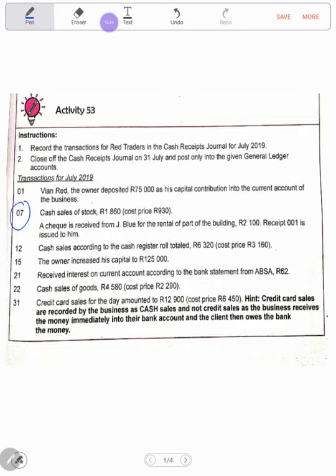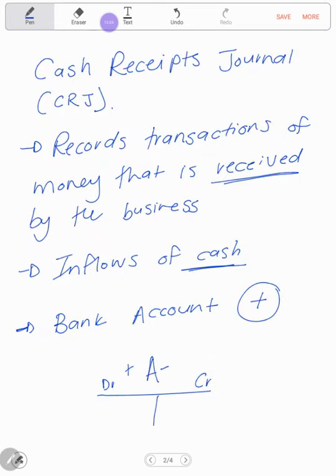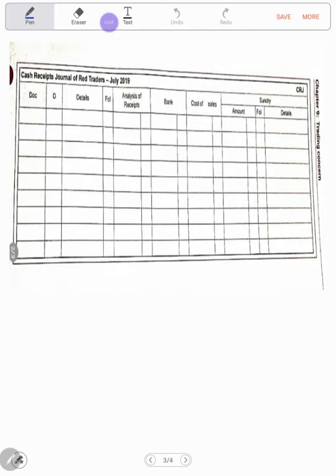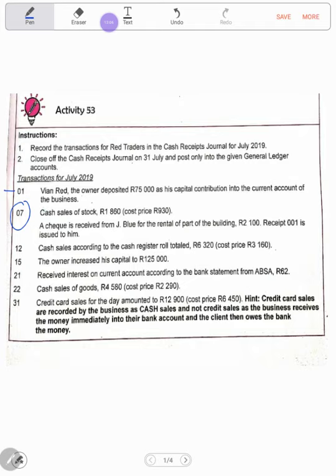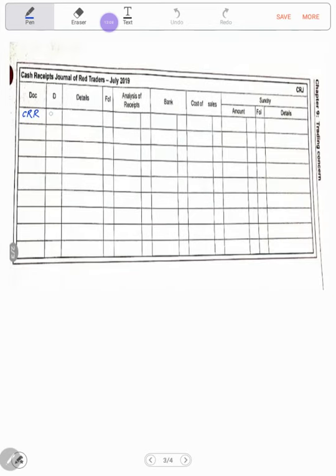Please make sure that you start from the 1st of July, but just because cash sales is a new transaction to you, it's introduced to you right now of a trading business, I am going to show you how we do it. Alright, the document number for cash sales will always be cash register roll, CRR. Which day did this take place on? It took place on the 7th.